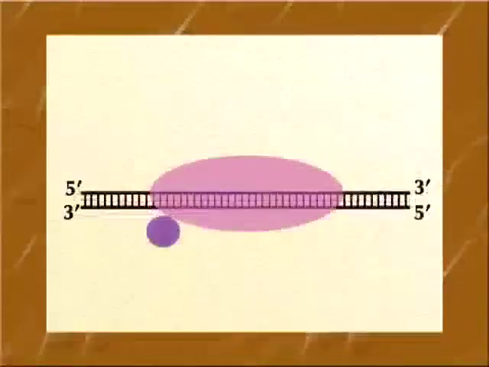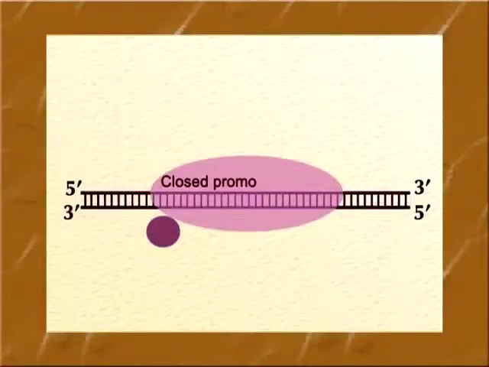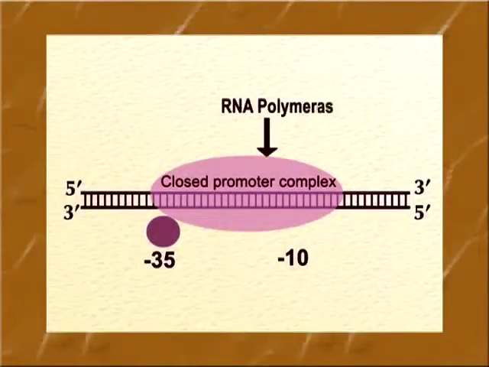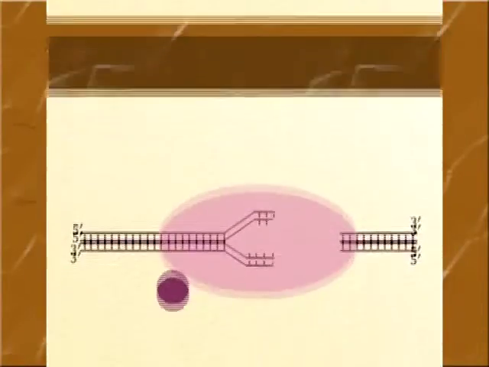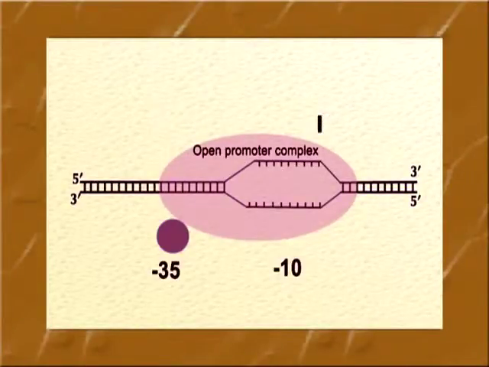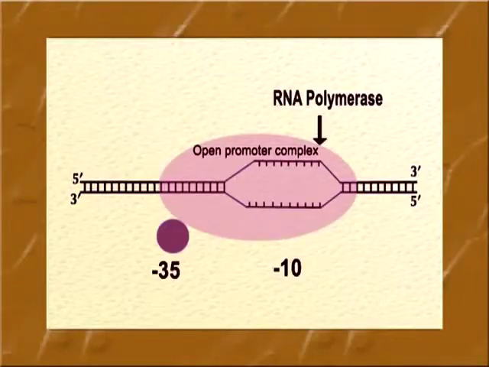RNA synthesis by RNA polymerase has the following steps. Number 1, the holoenzyme binds at the promoter site, forming the closed promoter complex in which DNA remains double helical. Number 2, the closed complex isomerizes and causes unwinding and separation of DNA strands to form the open promoter complex.